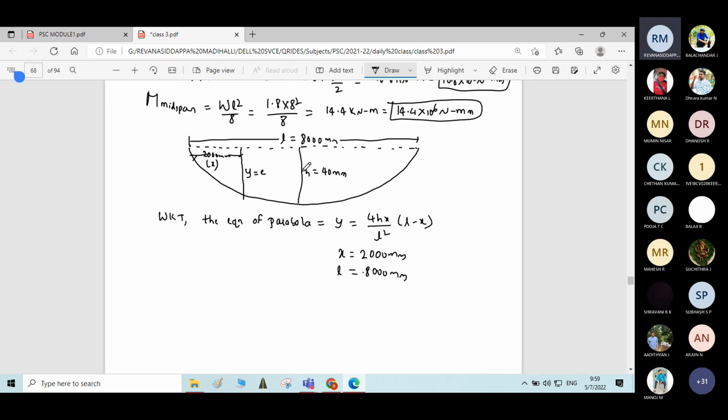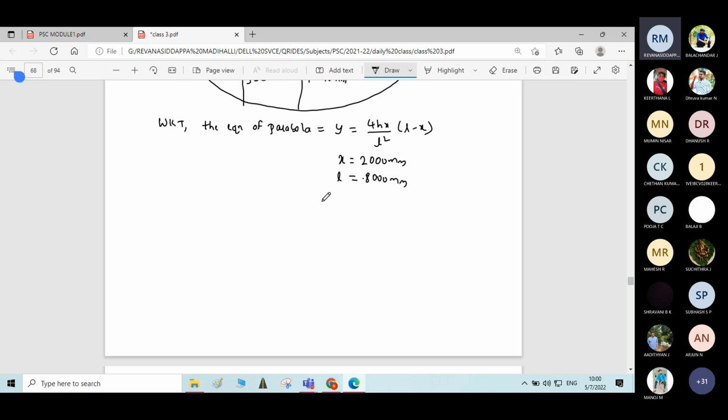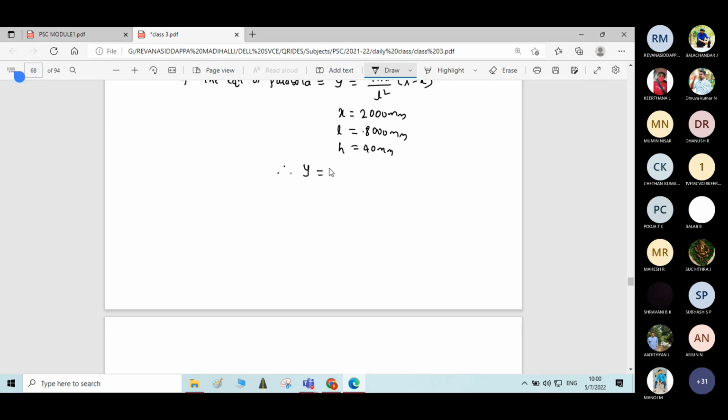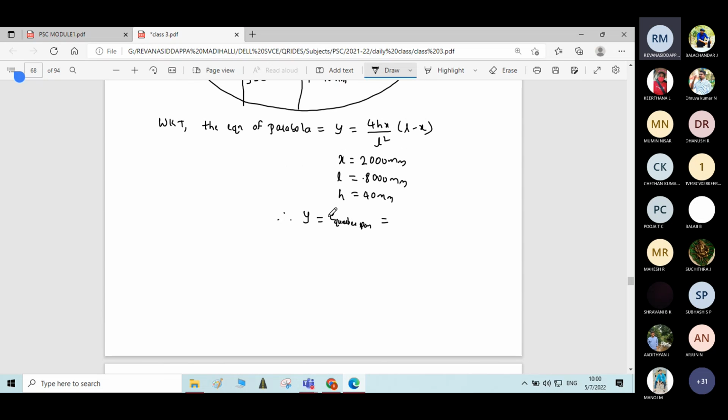And h is nothing but the depth at center of the cable, 40 mm. Correct? Substitute everything and you will get y. y is nothing but the eccentricity at quarter span, equal to 4h x divided by L square into L minus x, that is 4 into 40 into 2000 divided by 8000 square into 8000 minus 2000.